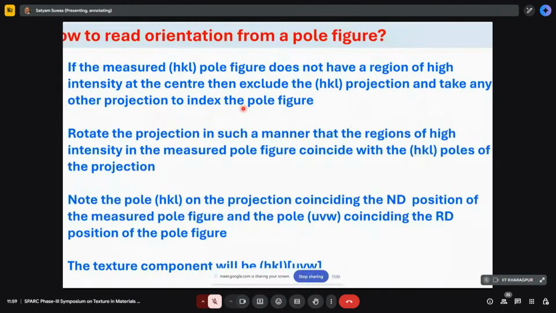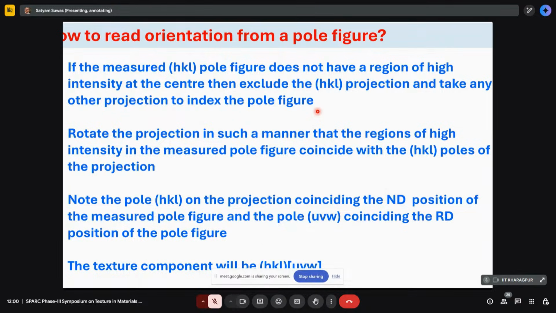So in cases where this ideal situation does not occur, if the measured HKL pole figure does not have a region of high intensity at the center, then exclude that HKL projection and take any other projection to index the pole figure.